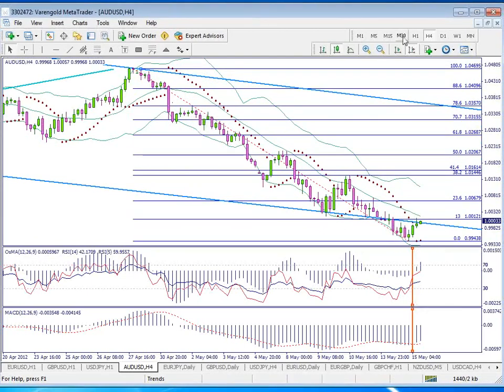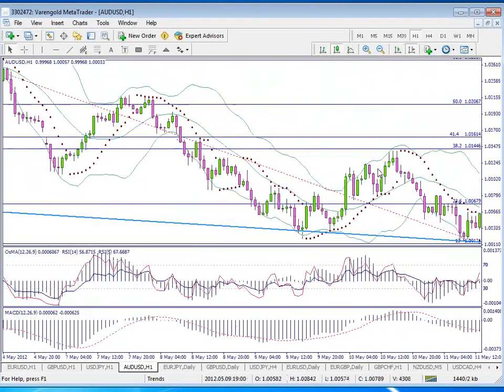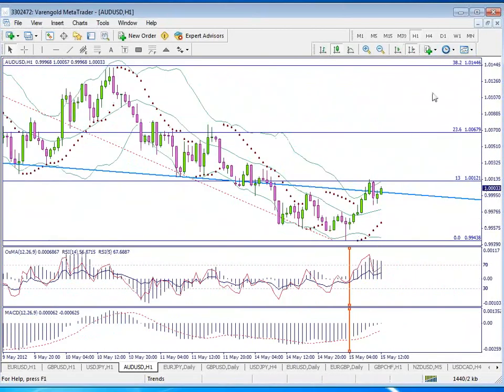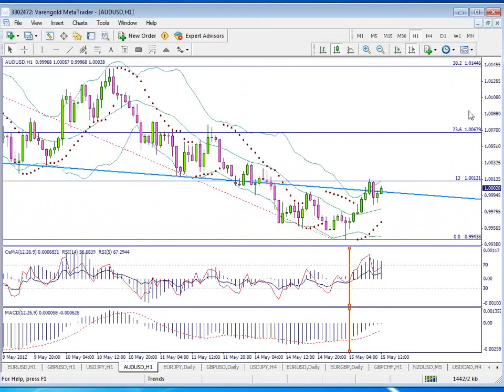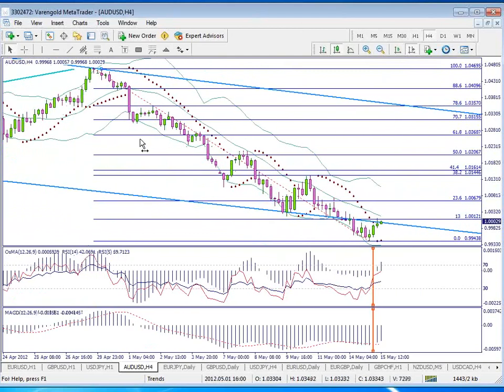And as long as I also have the signal on 1 hour, I will look for a trade with at least 38 for the first target. If I'm looking for the opposite, for the superior channel line, I think that we can establish as targets 61.8 or 70.